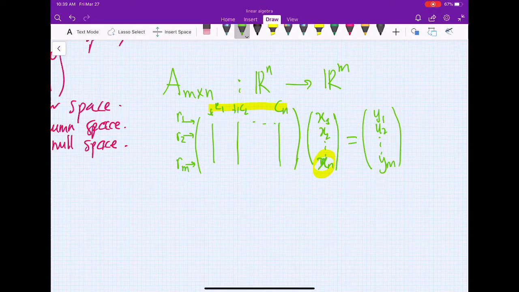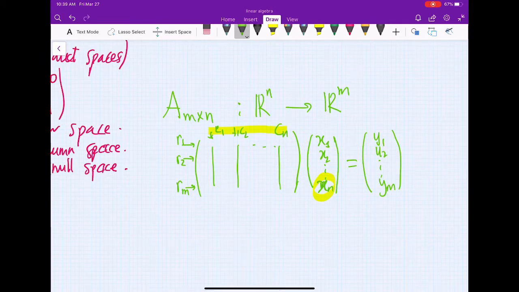I hope you still remember the situation when we studied systems of linear equations. We have m rows, which means we have m equations. We have n columns, which means we have n variables. So basically, an m by n matrix can be considered as a map from Rn to Rm.